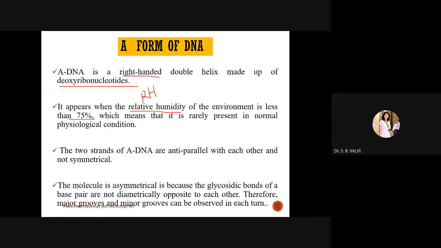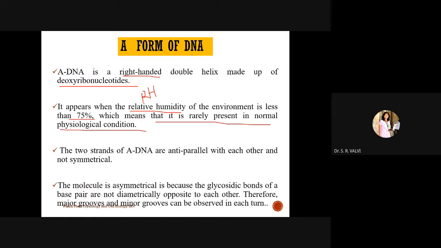In the environment, relative humidity is mostly more than 75%, and below 75% is very rare, so this type of DNA rarely forms. Hence it is written: rarely present in normal physiological conditions, meaning this form of DNA rarely exists in nature.